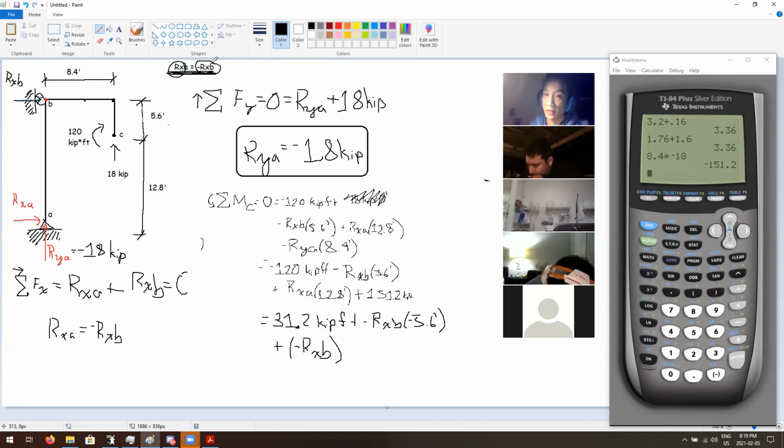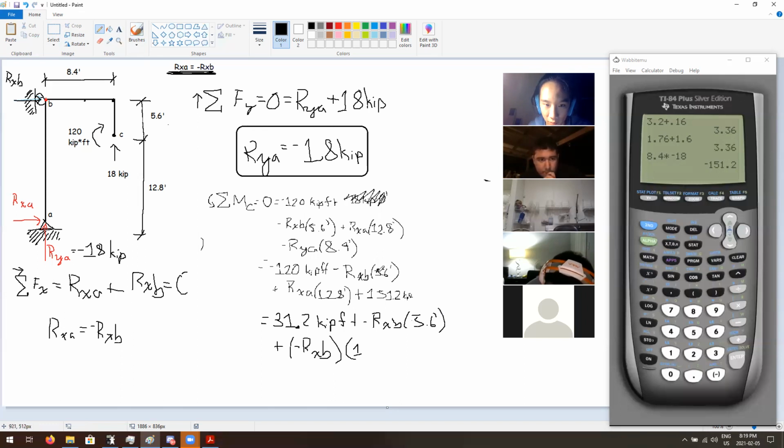This is the equation we solved for earlier. Negative RXB, 12. Why is that negative? That shouldn't be a negative, right? I don't know why I drew that as a negative. It's just regular 5.6. I think I misread that.